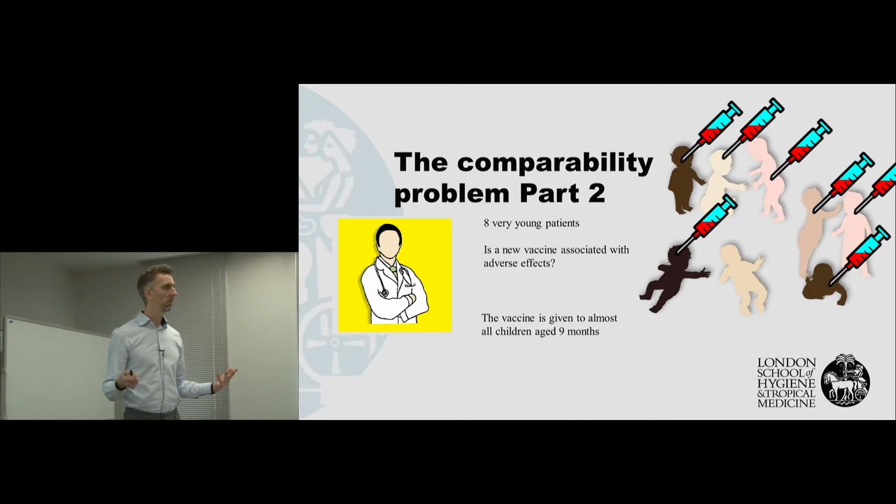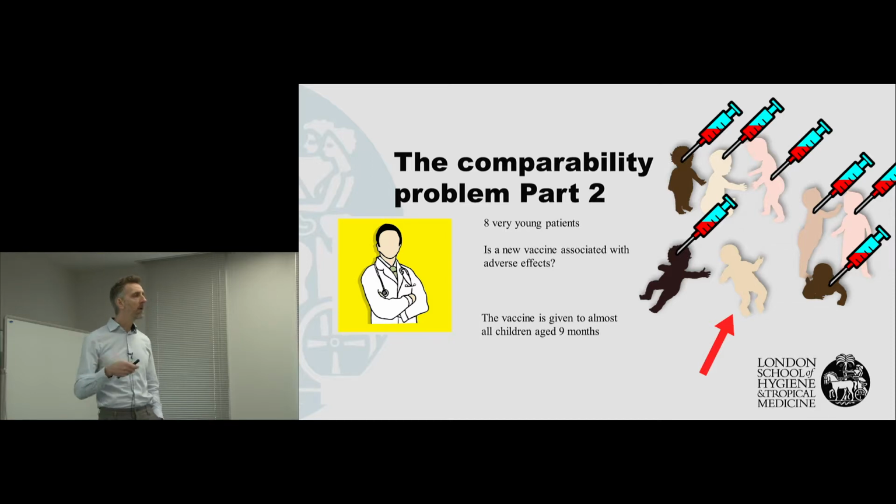Well, we know that in reality, there will be some children who don't get the vaccine. So here, 7 of these babies are given the vaccine, and 1 of them, for some reason, is not given the vaccine. Now, if we want to do a study to find out if the vaccine is associated with an adverse reaction, do we really want to compare the seven children given the vaccine against the one child not given the vaccine?